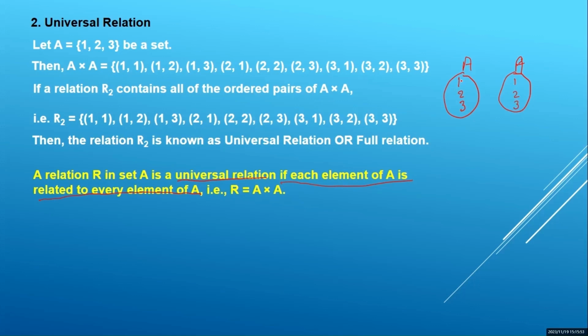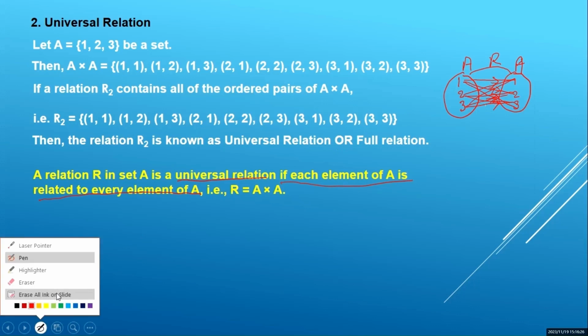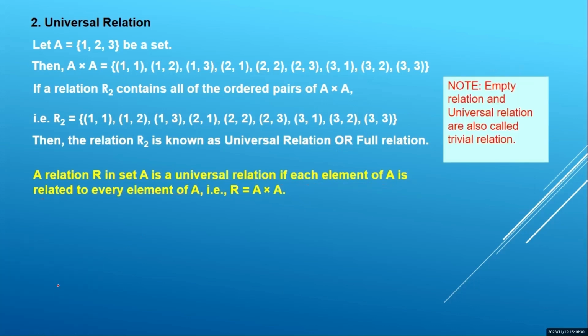If each element of set A is connected to every element of set A itself, 1 is connected to 1, 2, 3, 2 is connected to 1, 2, 3, and 3 is also connected to 1, 2, 3, then this type of relation is called a universal relation, or full relation. Universal relation and empty relation are also called trivial relations.